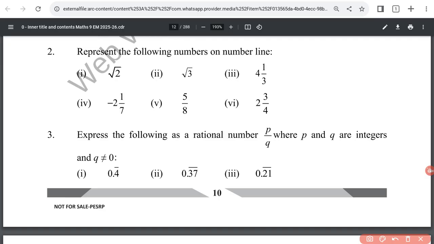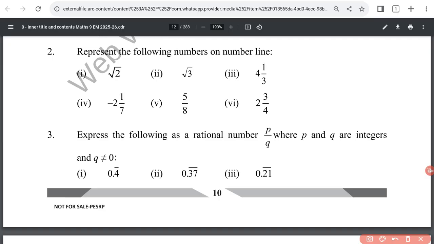To represent these numbers on the number line, square root of 2 is approximately equal to 1.414, so it falls between 1 and 2 on the number line. Okay, so I draw one number line and then we draw every number on the number line one by one.